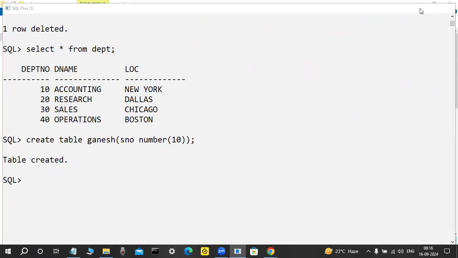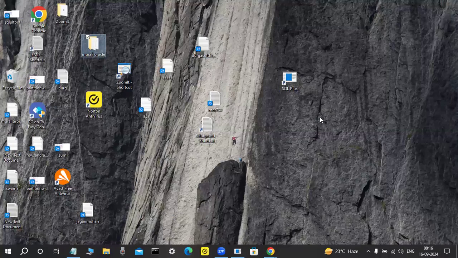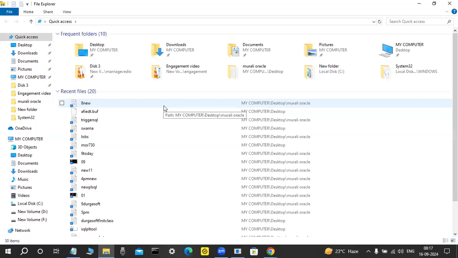Now check it out. Suppose I am interested in viewing where my table is available. Suppose I open the operating system, the C drive, D drive in my computer, where Oracle is available. I know I installed the Oracle software in my system, maybe in the C drive of my laptop.